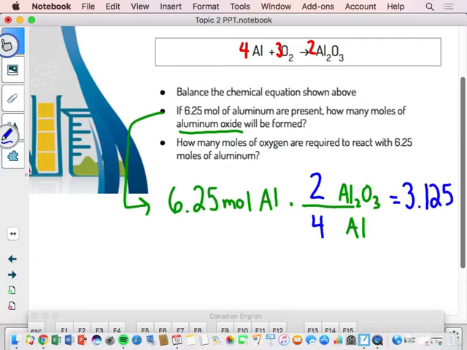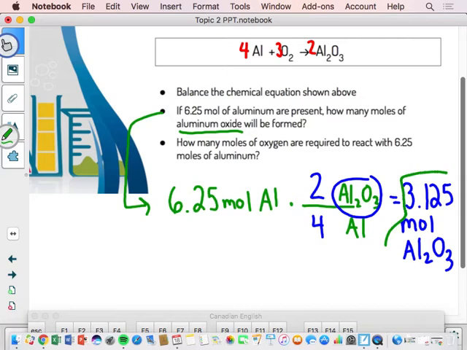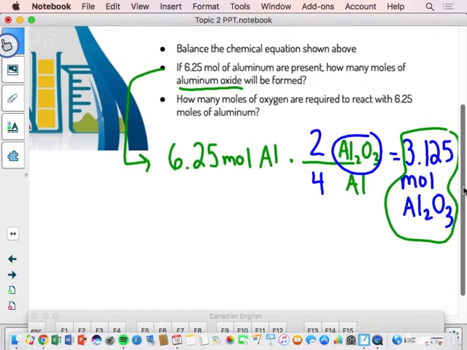And what is this? Well, we're looking at moles. It needs to be moles, and it's moles of this. Al2O3. Okay, so that's our answer. Can't really do a box around it.